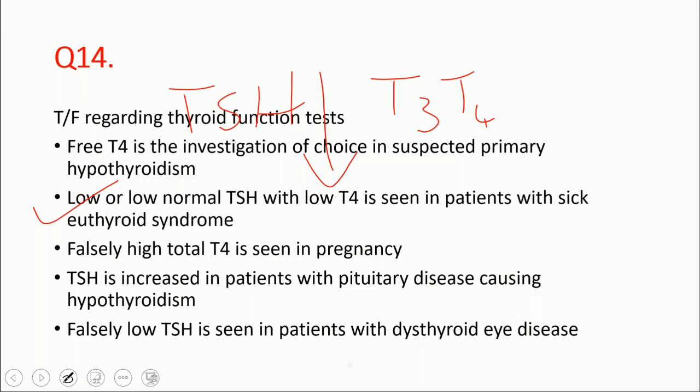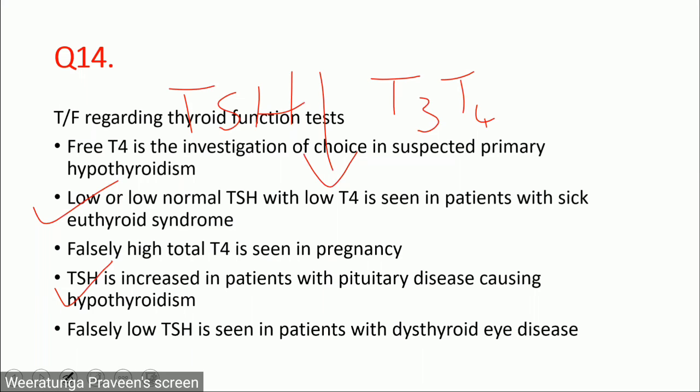So sick euthyroid syndrome occurs in intercurrent illness and inflammatory states. In pituitary disease, I specifically told you that the TSH will be low and the T3, T4 will be lower. Very rarely, you can get TSH secreting pituitary tumors or TRH secreting hypothalamic tumors that can cause hyperthyroidism, but that's very rare.